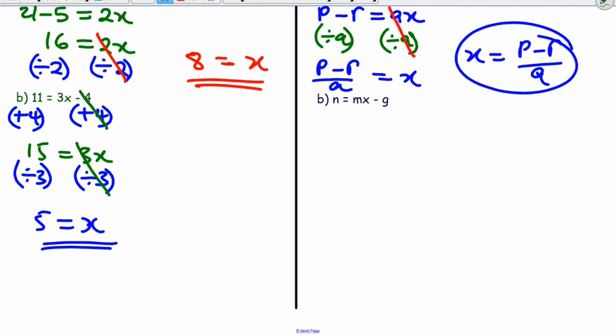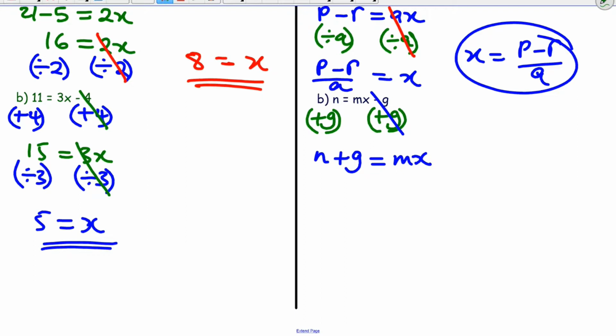Okay, on the right hand side, we shall start by similar steps. Same process. Start by adding g on each side, because we have negative g, so add g on each side. Now we know that negative g plus g, or g minus g, will be 0, so that's gone. So we'll be left with n plus g is equal to mx.